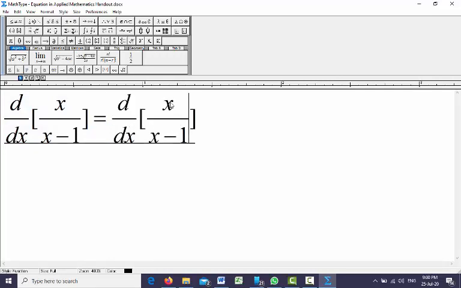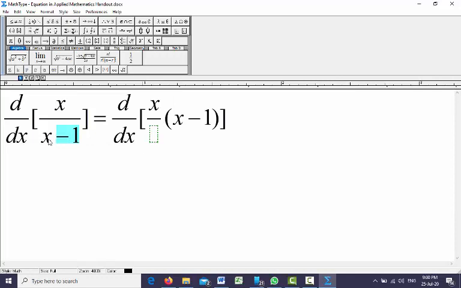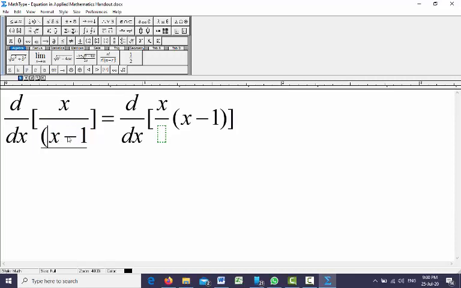If you want to bring this one up, this one will no longer be in the denominator.